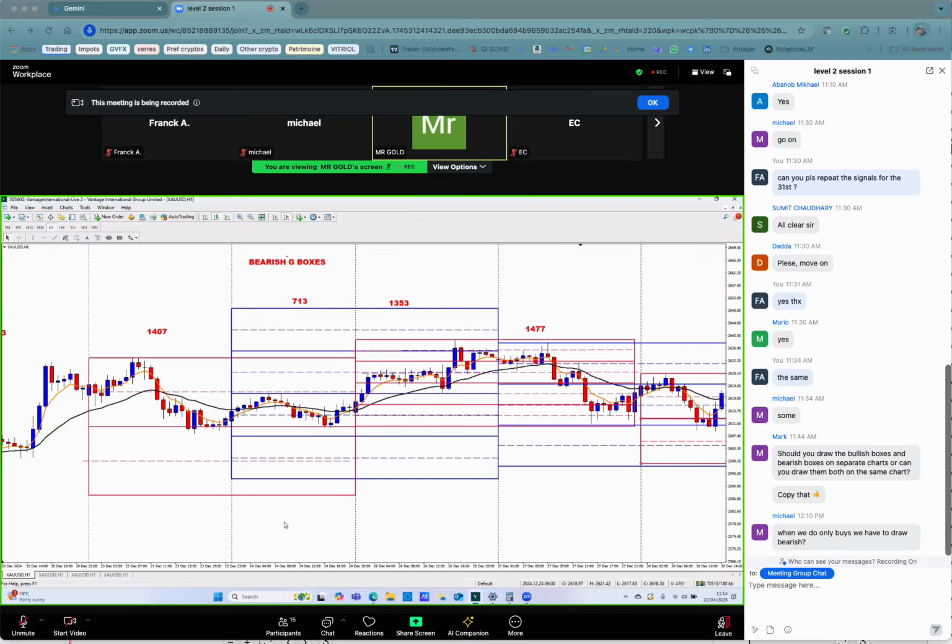So that's your one chart. Your one chart's going to have G lock and range breaker for up and down. Then you'll have another chart which will only be for your bullish boxes. And then another chart which will only be for your bearish boxes. And then your last chart for the week will be your gold turns.